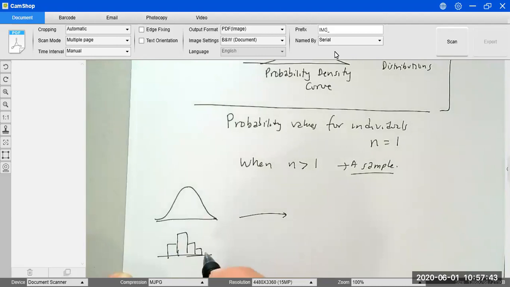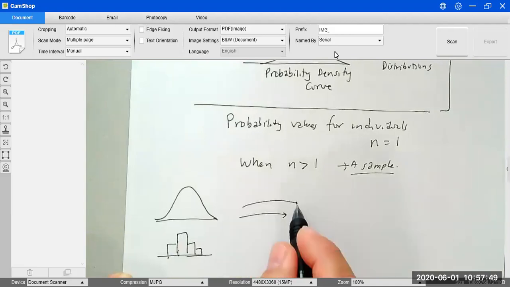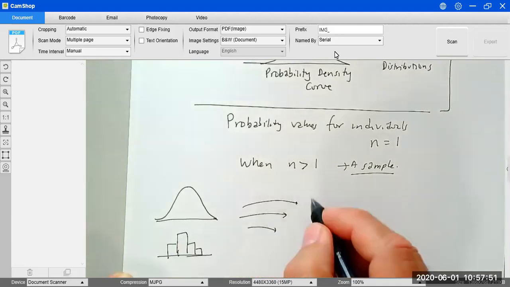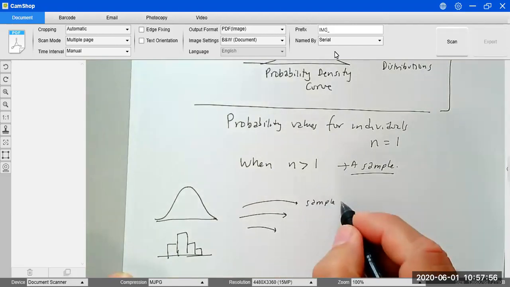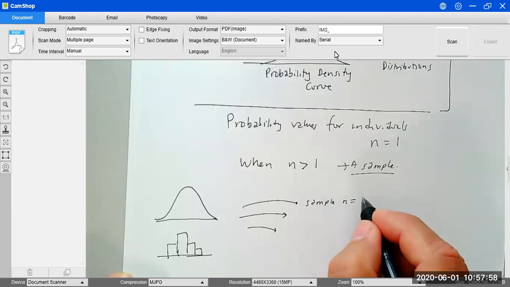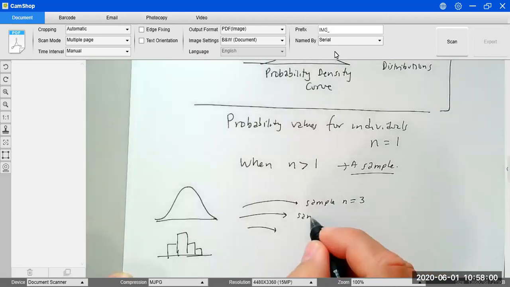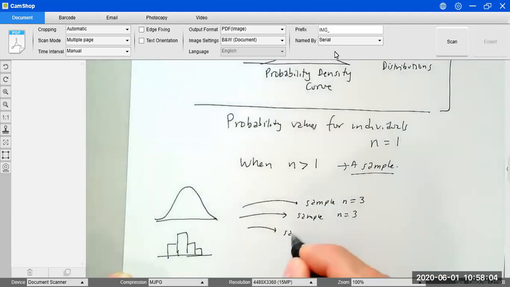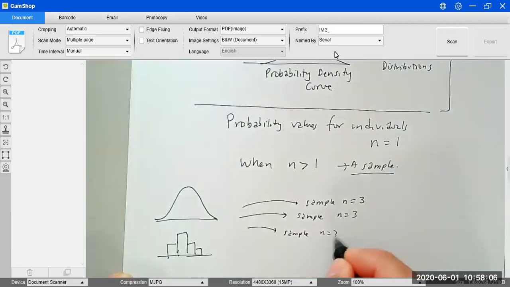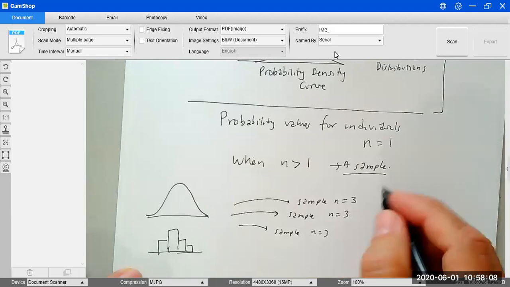The problem is that you have a population, and you're going to collect samples, not just one sample, many samples. You're going to collect samples with a fixed size. That's important. Let's say n equals 3, then you collect another sample with n equals 3, and another sample with n equals 3, and you start working with these samples and finding statistics.